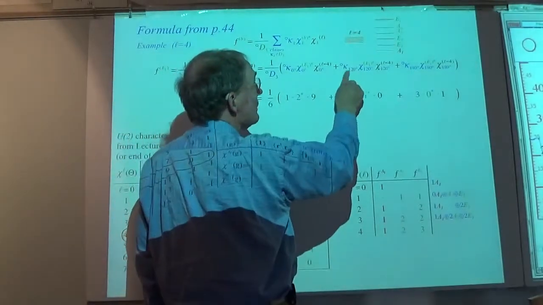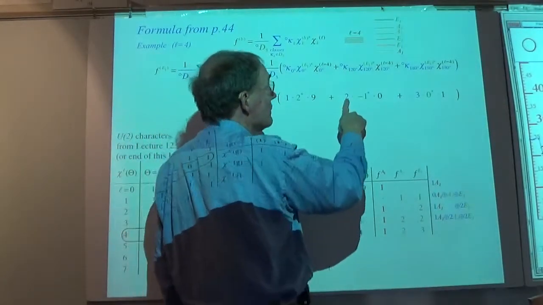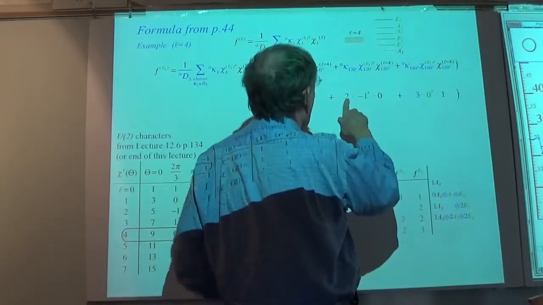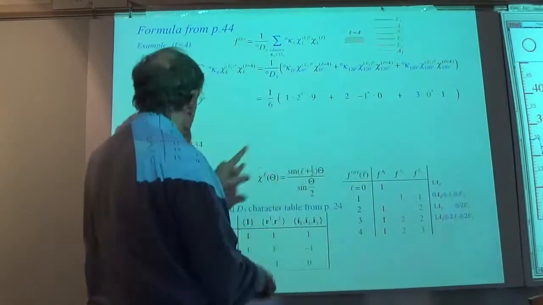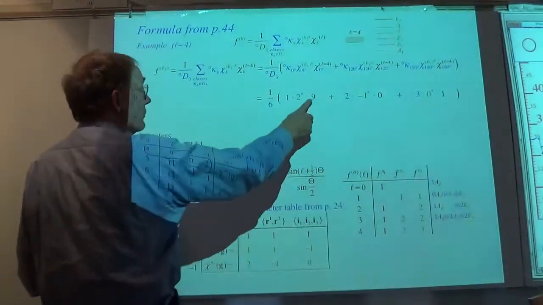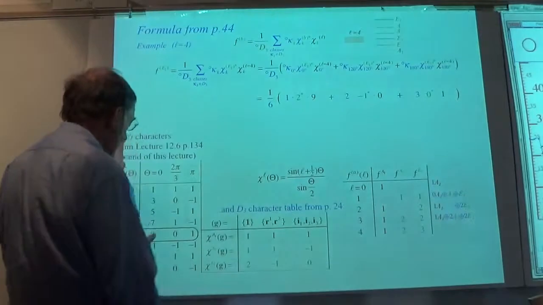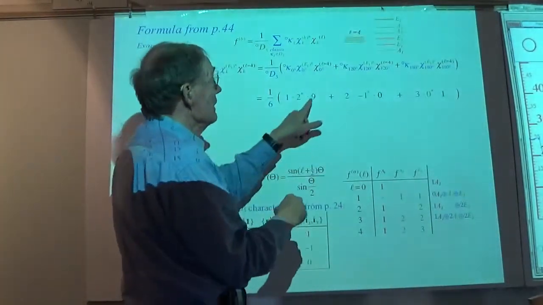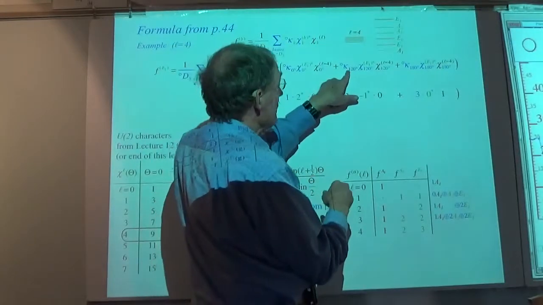This is 120 degree rotations. There were 2 of those. And the characters from here. 9 goes here. That's the dimension of this multiplet. 9 levels in there.